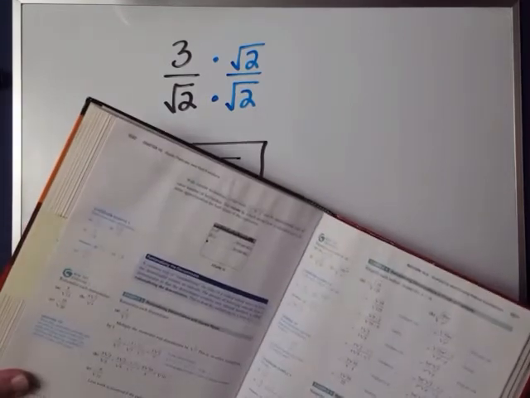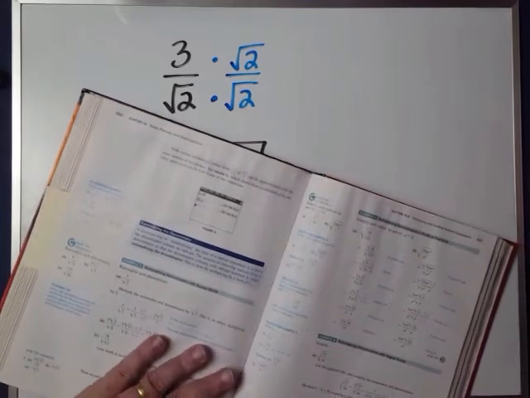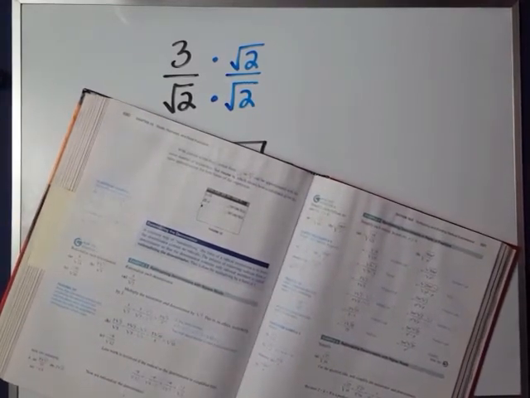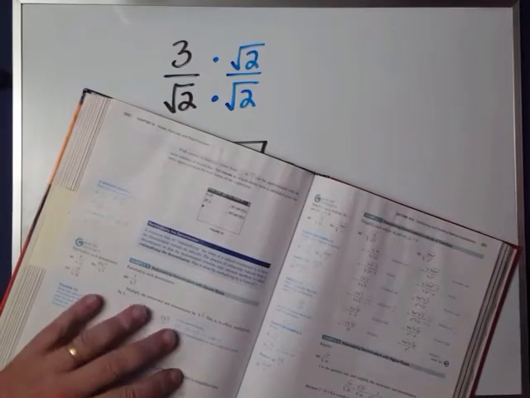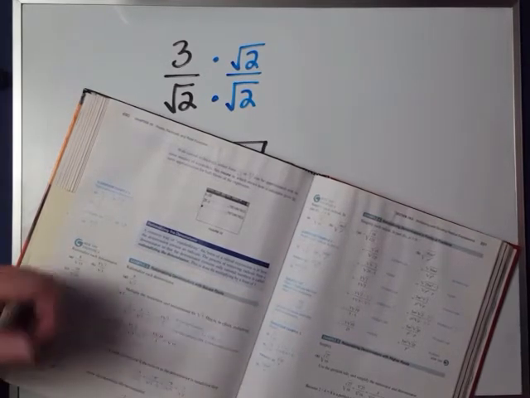And we have a blue box here on page 690 that we want to look at. Rationalizing the denominator. Page 690, middle of the page. It says a common way of standardizing the form of a radical expression is to have the denominator contain no radicals.